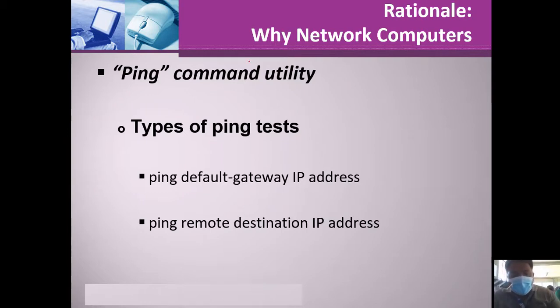So for example, you have a gateway of 192.168.0.1. That is the gate of your hotel room. And if you want to go to another room, you have to be in the same gate.